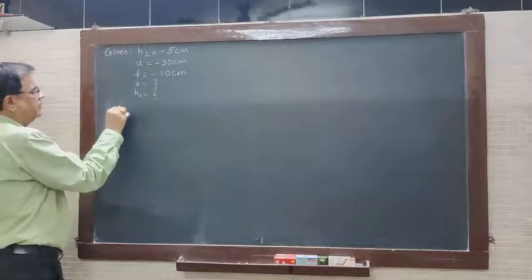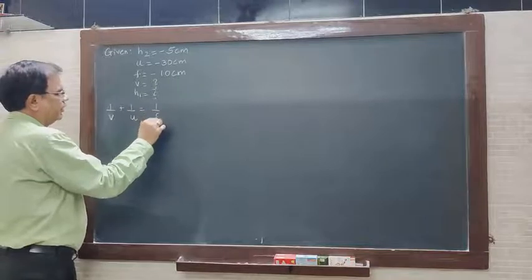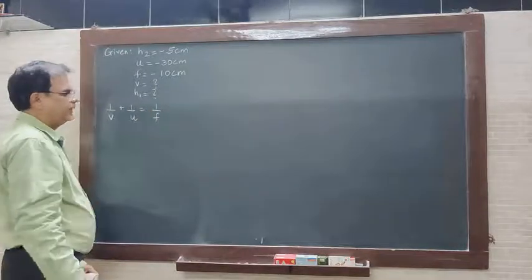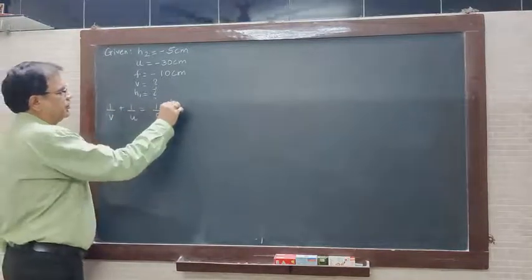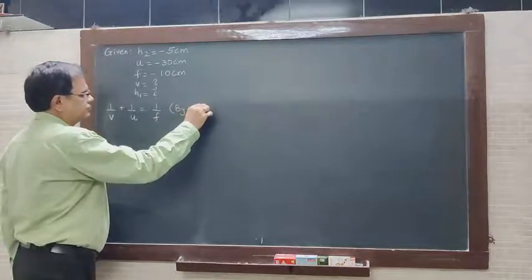Now, first of all, 1 upon V plus 1 upon U is equal to 1 upon F. This is my mirror formula. If you want, you can write over here by mirror formula.